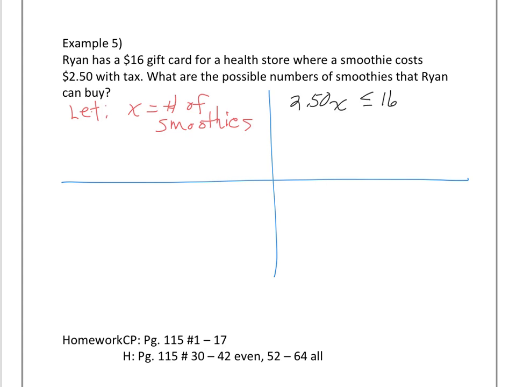So then to solve for x, to undo multiplying by $2.50, we are going to divide both sides by 2.50, and so then we get x is less than or equal to, let's see, 16 divided by 2.5, 6.4.